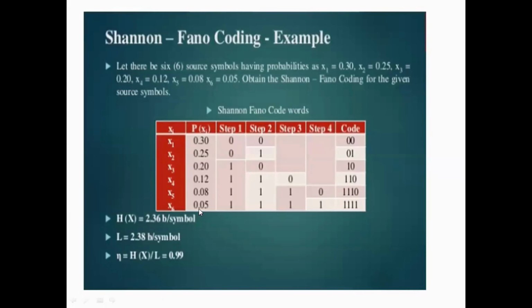Whatever the number of source symbols, the total probability will always be 1. If it is 6 symbols, it is 1. If it is 20 symbols also, the probability will always be 1. You have to keep in mind that the total probability must be equal to 1. So no need to check, obviously it will be 1. If you want to cross check, take any problem and the total probability summation will be 1.